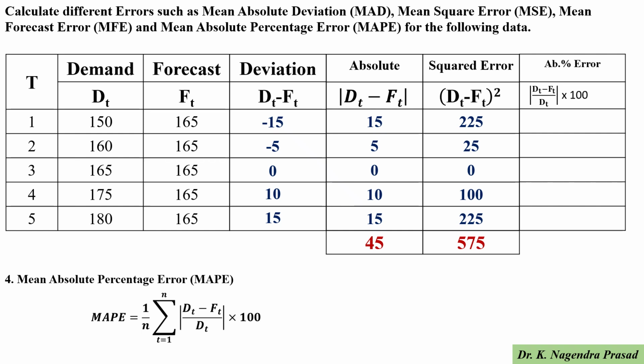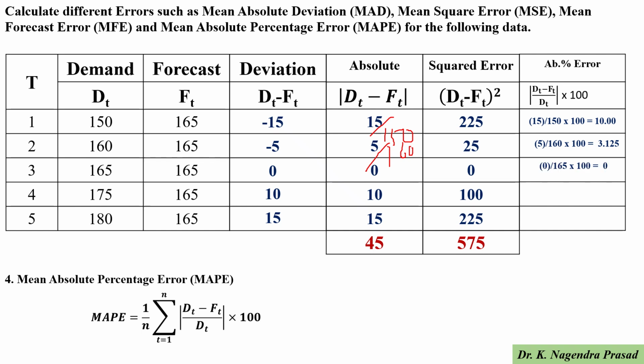For the first time period, 15 divided by dt, which is 150, into 100 is equal to 10. Next, 5 divided by 160 into 100 is equal to 3.125, and for the next time period the absolute percentage error is 0.